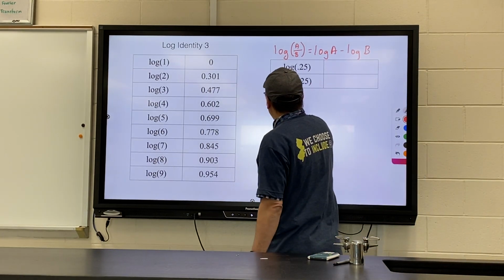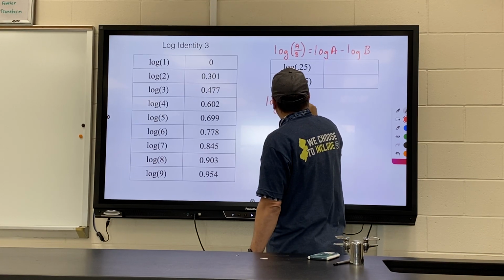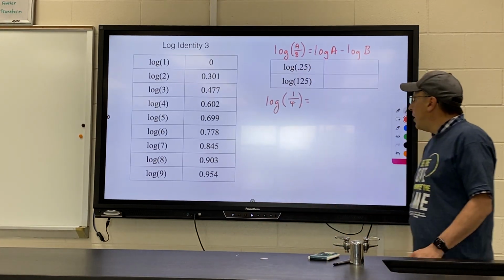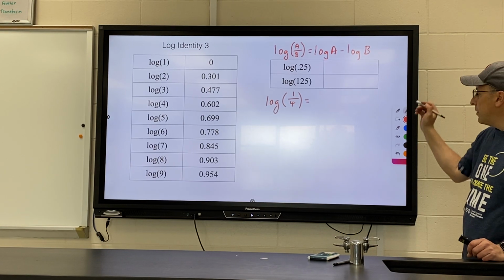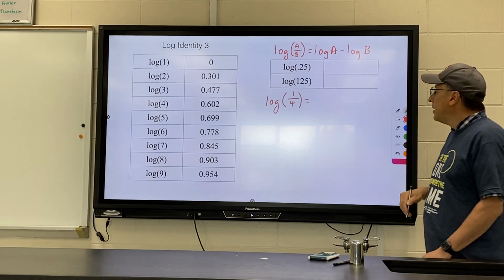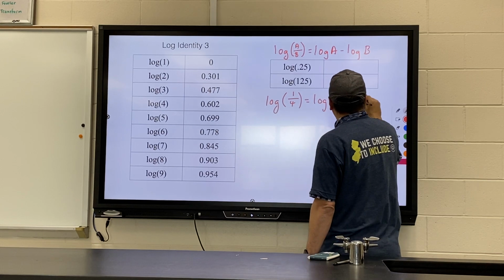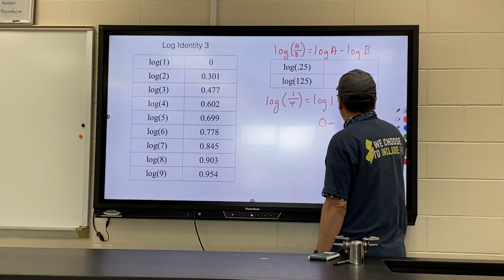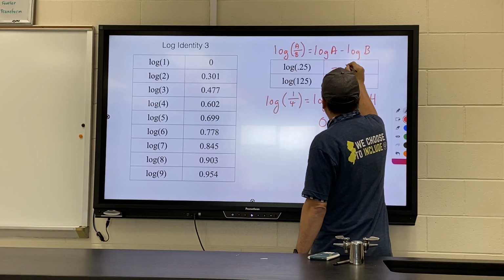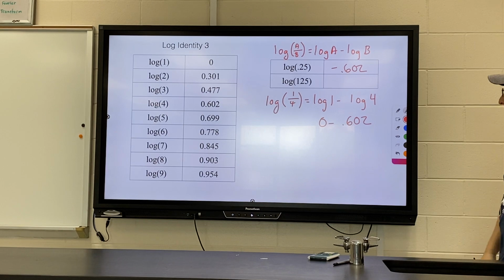So then you have to just imagine a series of numbers that could give us our number that we're trying to evaluate. So the log of 0.25 would be the same as the log of 1/4. So that becomes the log of 1 minus the log of 4. Log of 1 is 0, log of 4 is 0.602, and just that quick, we've got our answer.